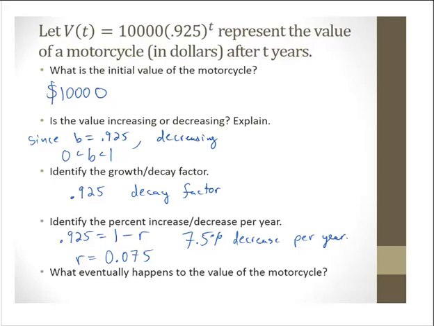What eventually happens to the value of the motorcycle? Well, this is basically an exponential function. It's decreasing, and so if we thought about it graphically, there's 10,000, we get a graph that does this. What happens to the value of the motorcycle?